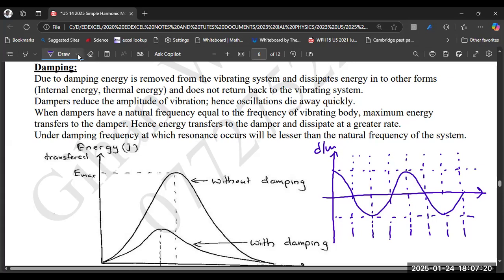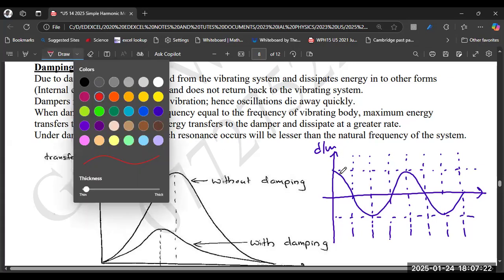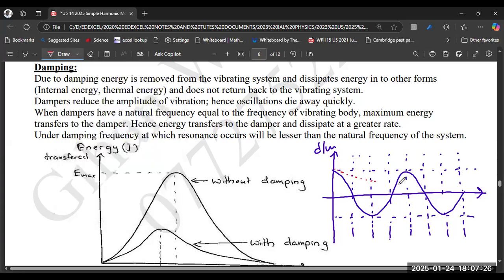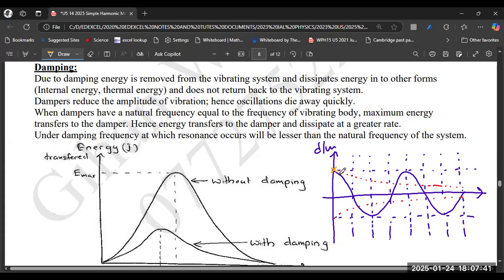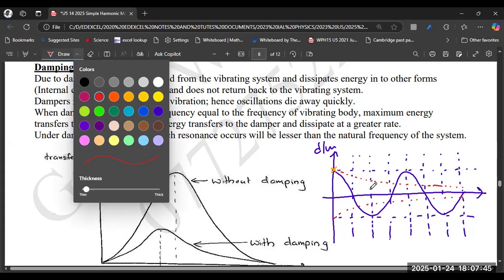Now, if I draw the displacement time graph for a damped situation, it would be something like this. Initially, as it starts with the same displacement, there wouldn't be any changes.